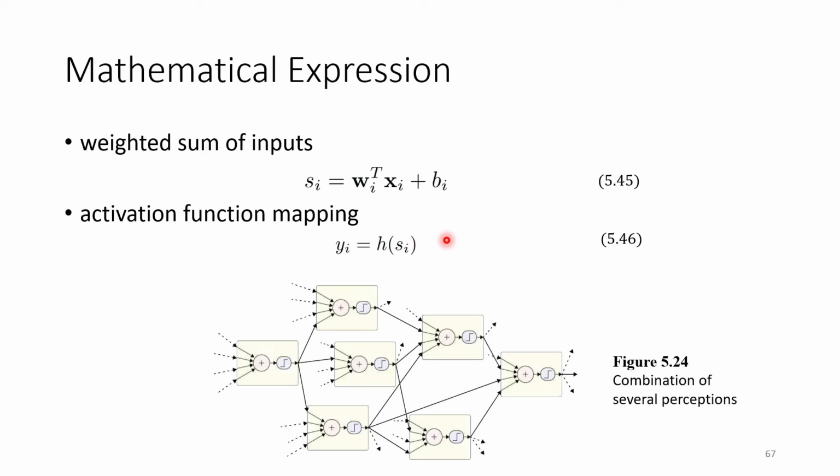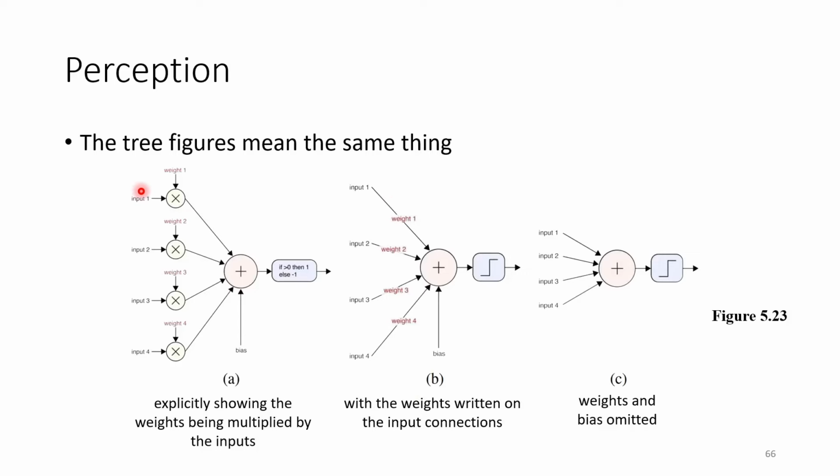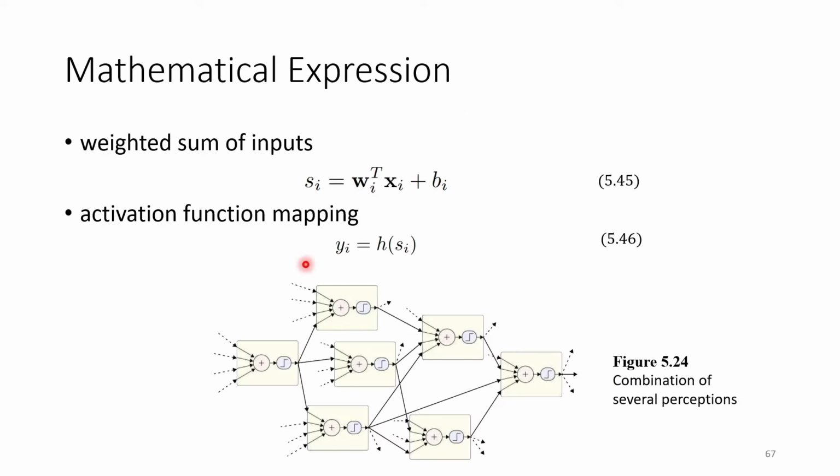Okay, so in mathematics, the expression becomes, we have a vector of input values, x, here. There are many inputs 1, 2, 3, 4, 5. We express it as a vector, and there are many weights. The weight is here.